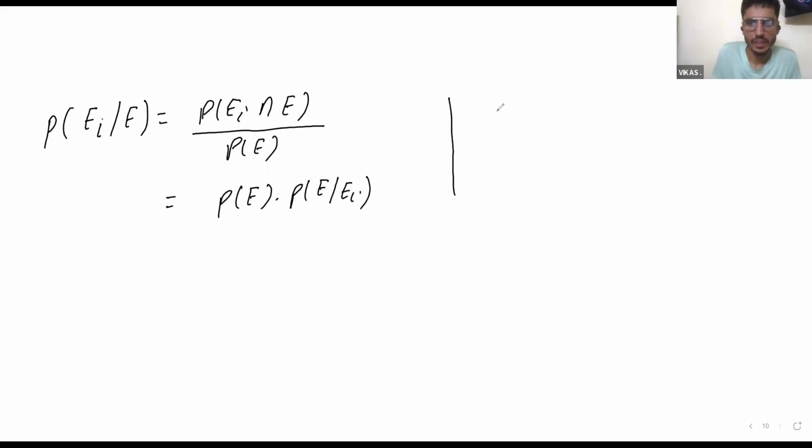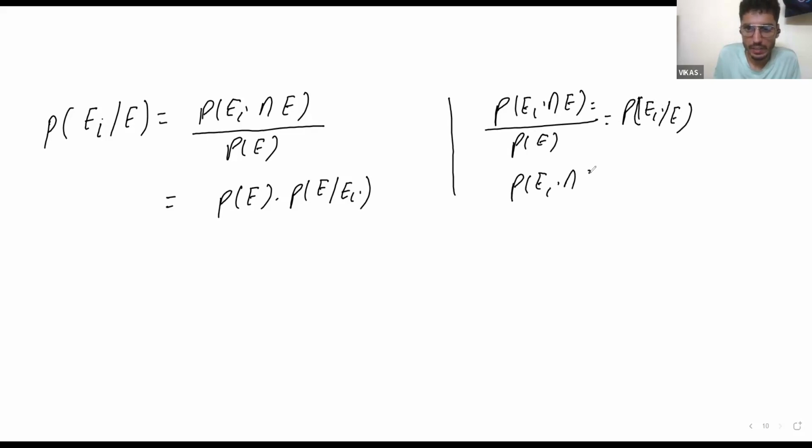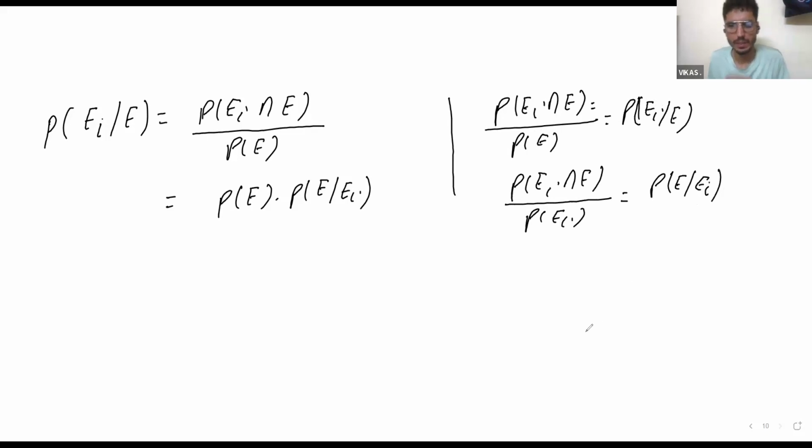I'm just using this definition: probability of Ei intersection E, divided by probability of E, is simply equal to probability of Ei given E, and E given Ei. That is simple. These are just two forms.